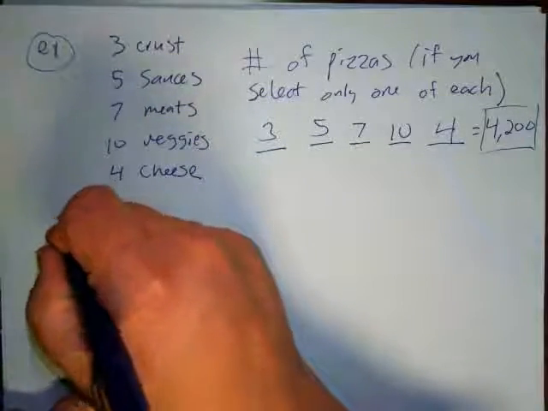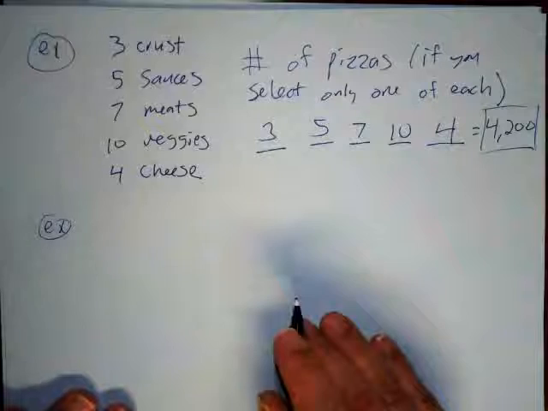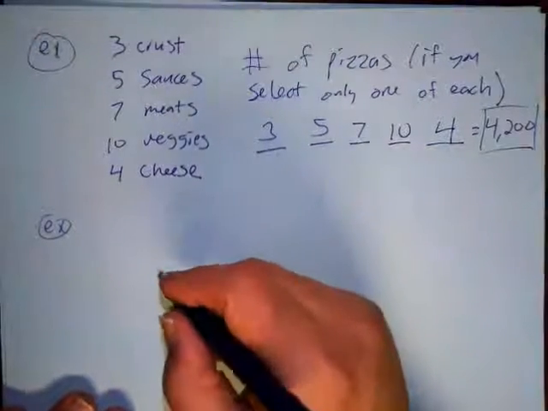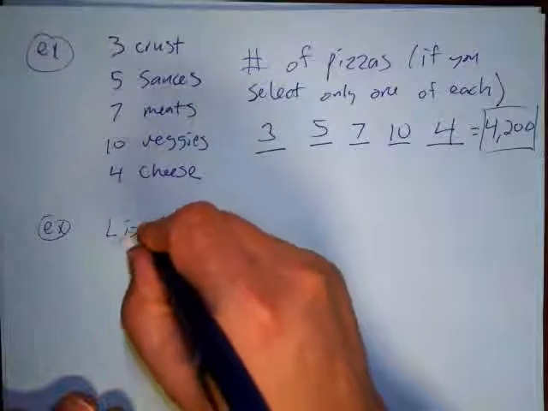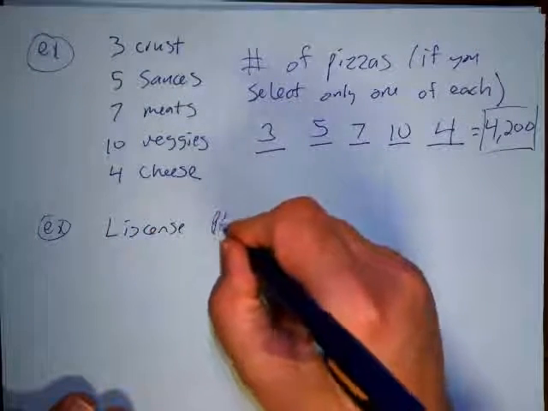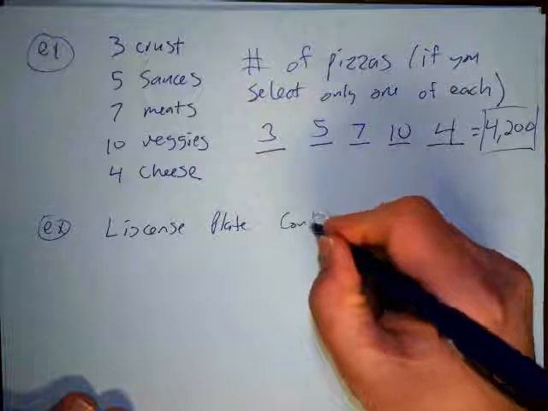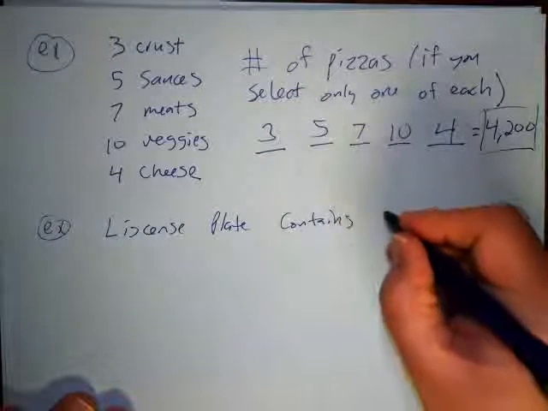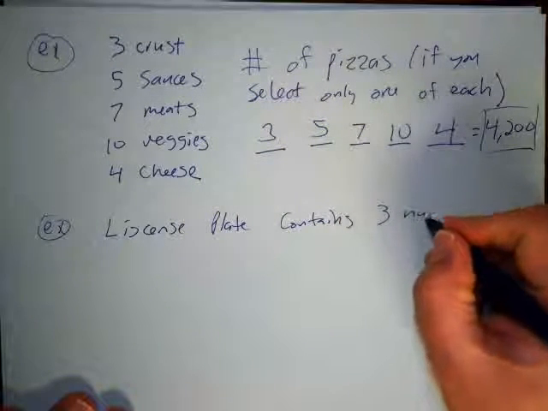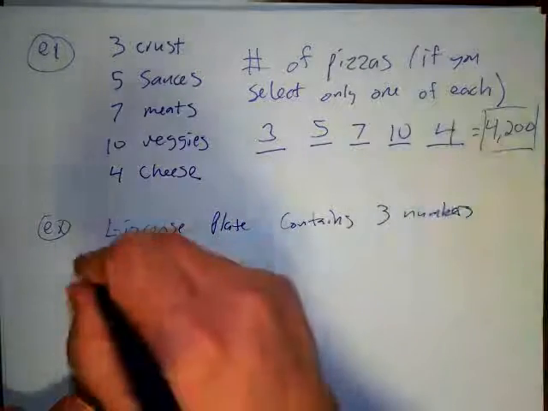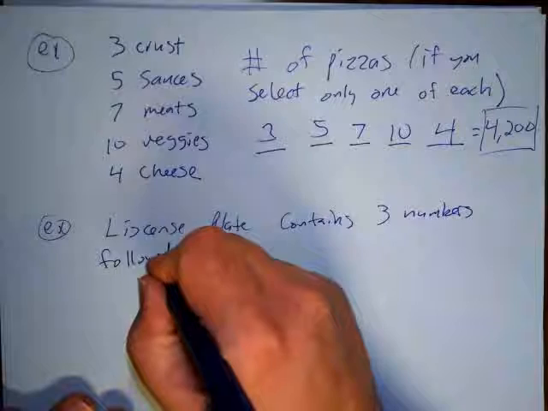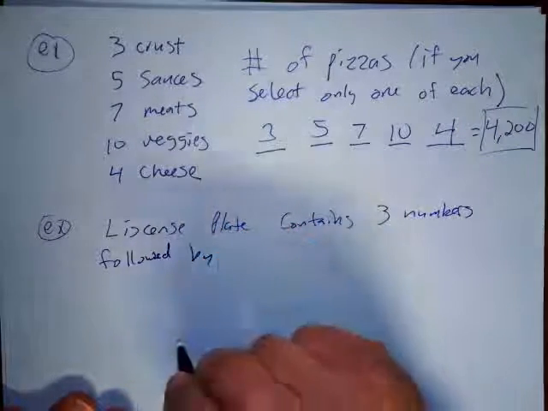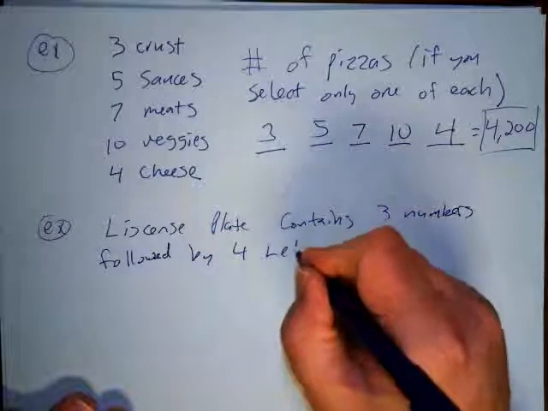So let me do another example where, let's say, a license plate contains, we'll say 3 numbers, and this isn't necessarily true, followed by 4 letters.